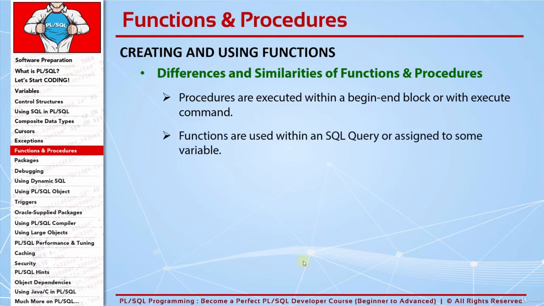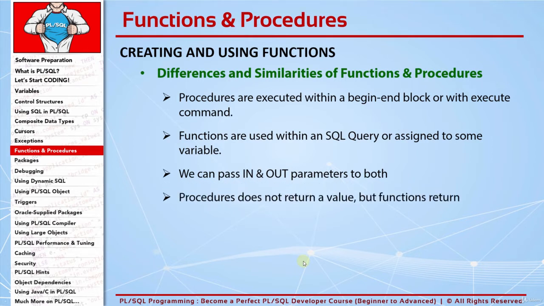On the other hand, we execute functions within an SQL query, or we can assign them to some variable, but we cannot use them standalone. We will see that. We can pass both in and out parameters to both of them, but passing the out parameters to the function is not recommended. Procedures cannot return a value without the out parameter, but functions return one more value with the return clause.